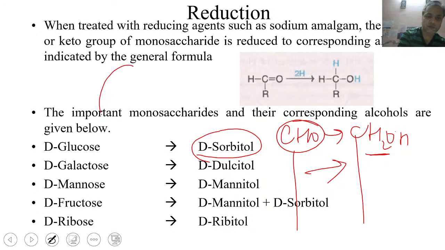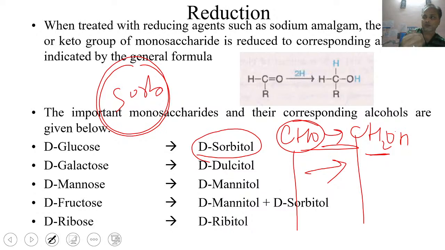Like for example, this is my cell which has this type of reaction. So glucose has been converted to sorbitol, and this sorbitol is hygroscopic. So it will absorb moisture from the surrounding tissue, the surrounding extracellular matrix.